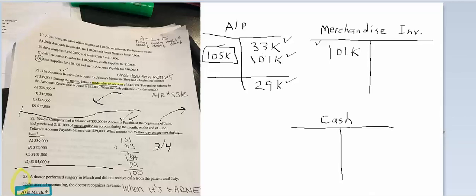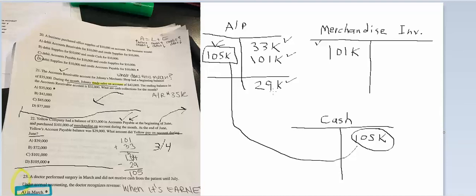So just to show you both sides of this, when you paid on account and your accounts payable liability went down, remember liabilities go down with a debit, here's a debit, and this would be the offsetting entry, cash for 105,000. I just have these other accounts so you can see both sides of it. So there's the credit that goes with that debit.